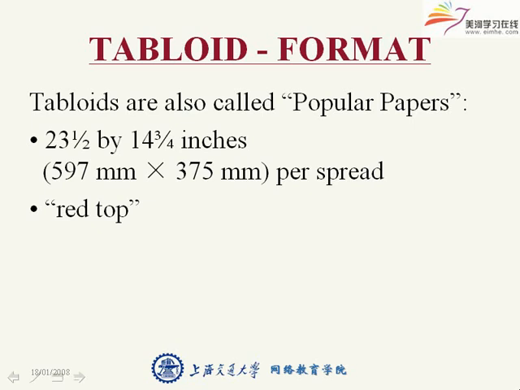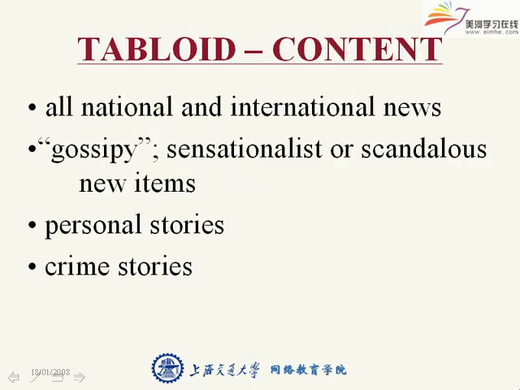So and here you have the word gossip and the explanation sensationalist or scandalous news items. Gossipy. And that's for the content, for what you can find in such a tabloid newspaper, personal stories and crime stories.